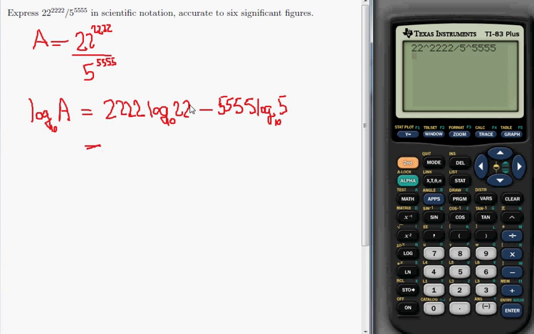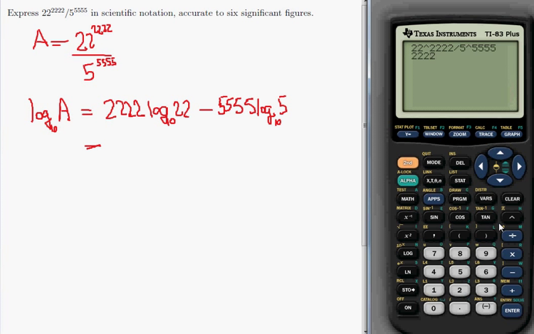Now these numbers are significantly smaller than the numbers that appeared on the line before, and so the calculator can handle these. So let me clear the screen. 2,222 times the logarithm of 22 minus 5,555 times the logarithm of 5.